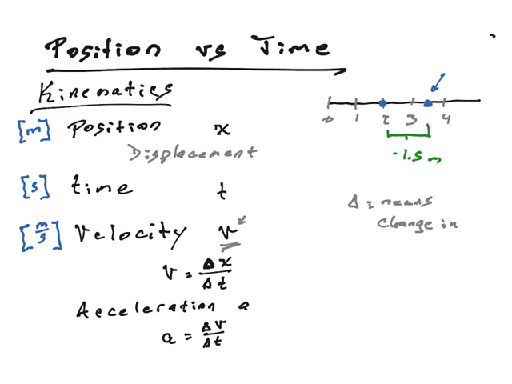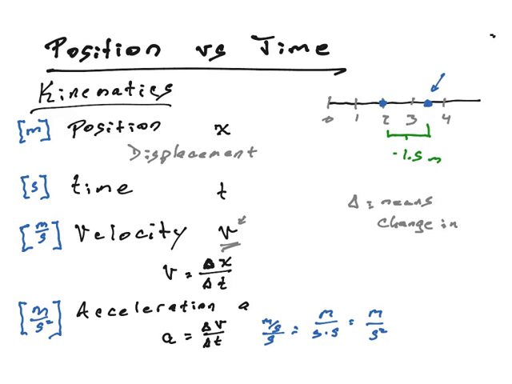Looking at this equation, we can see what the units must be for acceleration. Change in velocity is meters per second, and the change in time is seconds. So that's meters per second divided by seconds, which is meters per second squared. That's the unit for acceleration, meters per second squared.